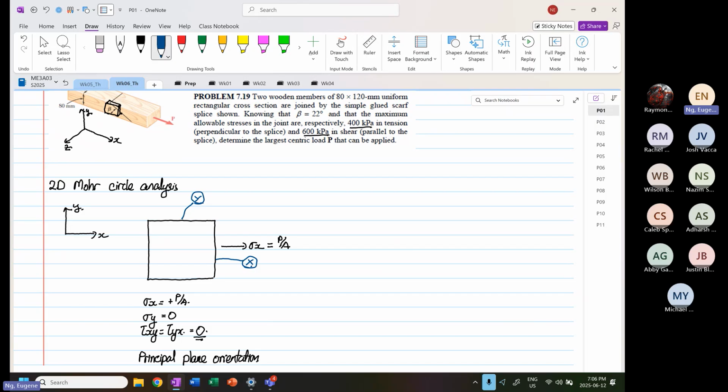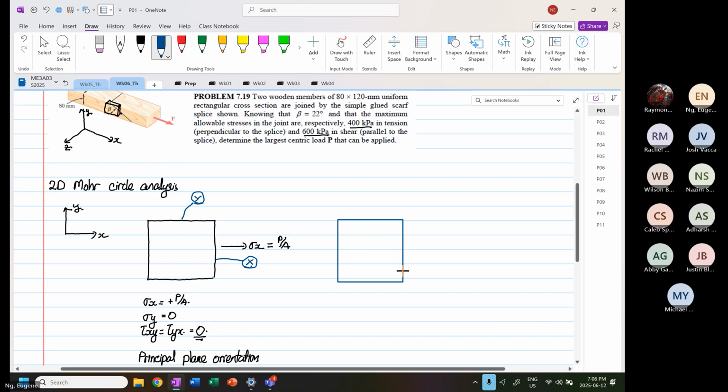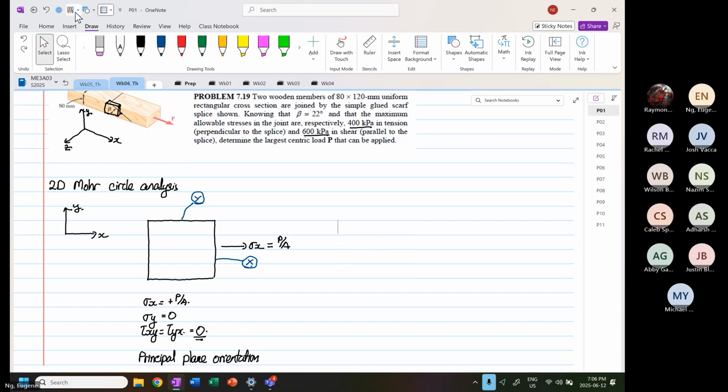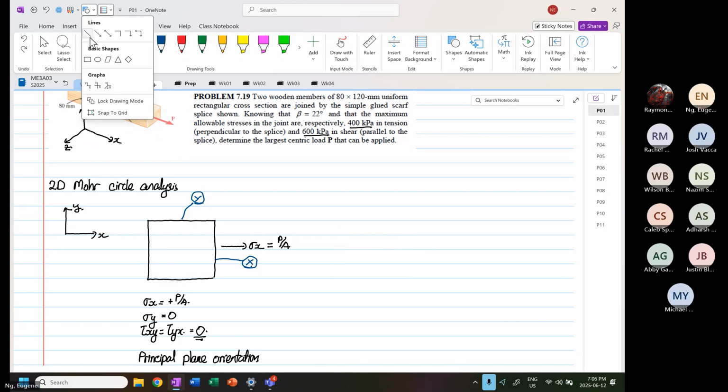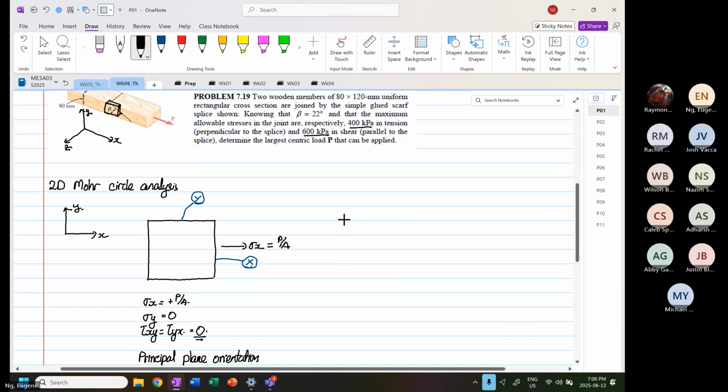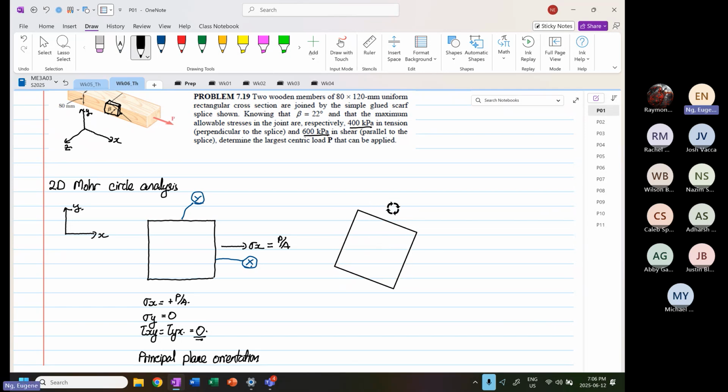I'm going to draw an element, and this is our element, and we're going to rotate it 22 degrees now.